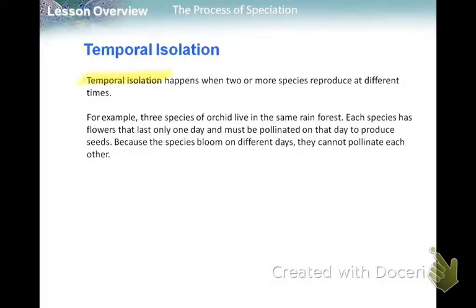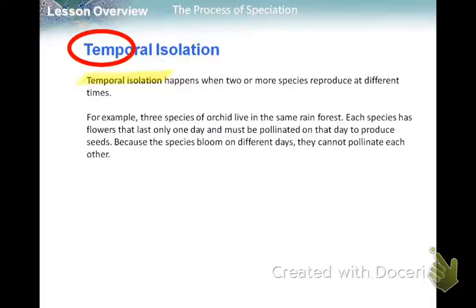Temporal isolation. If you look at the beginning of this word, temporal, you might think temperature, but think about French or Spanish, any kind of Latin-based language. In French, time is T-E-M-P-S. In Spanish, I believe it's tiempo, and that is also time.